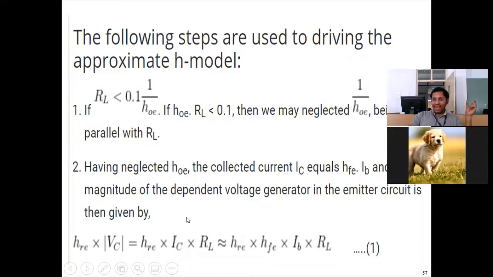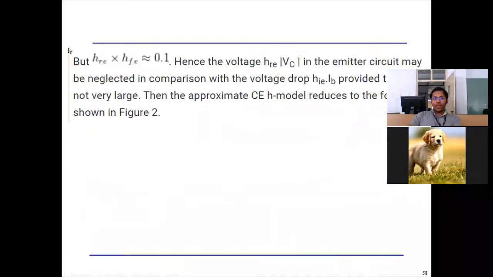Replacing IC with HFE IB, we get this. Why are we doing this? Considering practical values, HRE into HFE is nearly equal to 0.1.